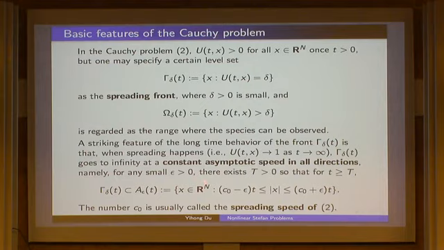In such a situation, there's a well-known result saying that if you consider the boundary of this set, which is gamma delta of t, it's squeezed between two moving spheres. The spheres' radii increase with t, but kind of linearly. And epsilon can be as small as you want, but this c0 is a fixed constant. It is usually called the spreading speed.